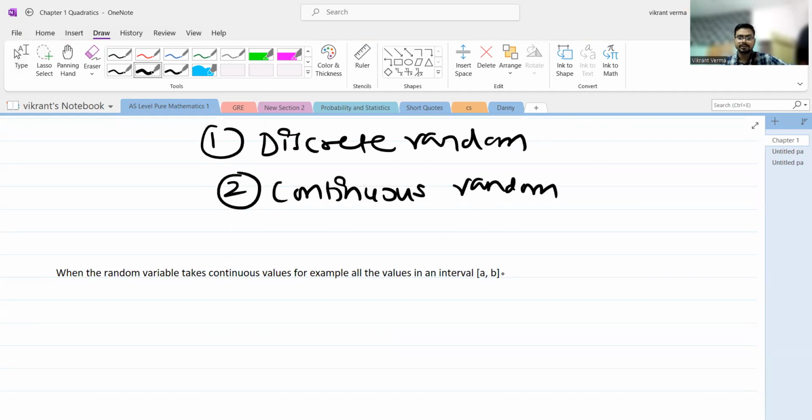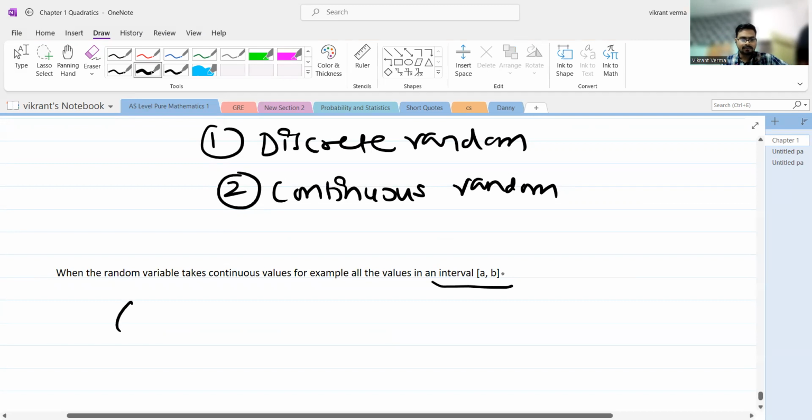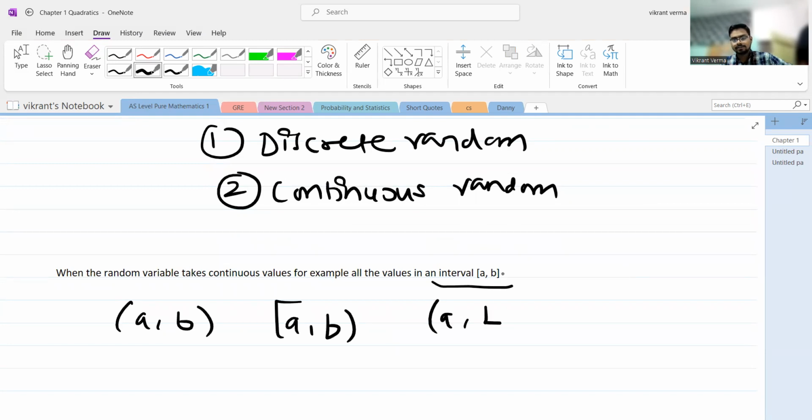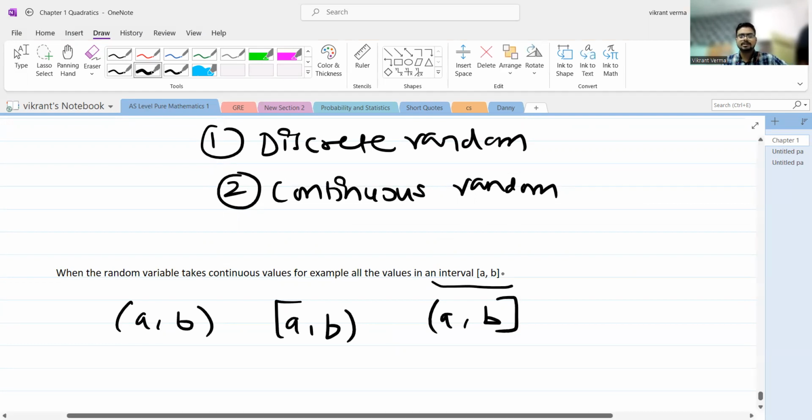This is the most important thing, that the random variable takes values in an interval. It is not required to be a closed interval; it can be an open interval (a, b) also, or semi-open, semi-closed intervals can also be there. And it is not mandatory that the continuous random variable takes values in a single interval.